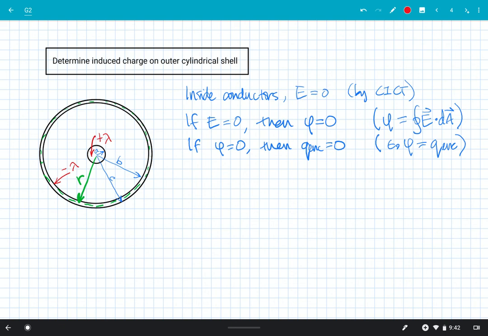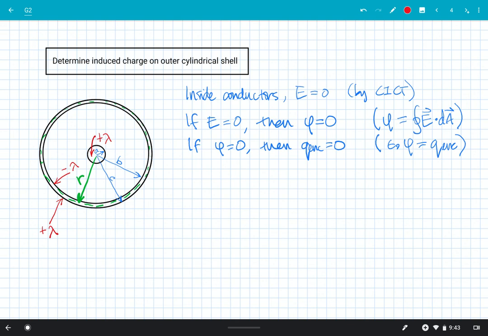Because I'm enclosing 0 net charge, and the only other place for charge to sit is on the inner surface of the cylinder. So since we were told that the cylindrical shell has 0 net charge, that means that the outside of the cylindrical shell must have positive lambda sitting on it, which helps explain the outward electric field that we see when we look at the region outside the shell.